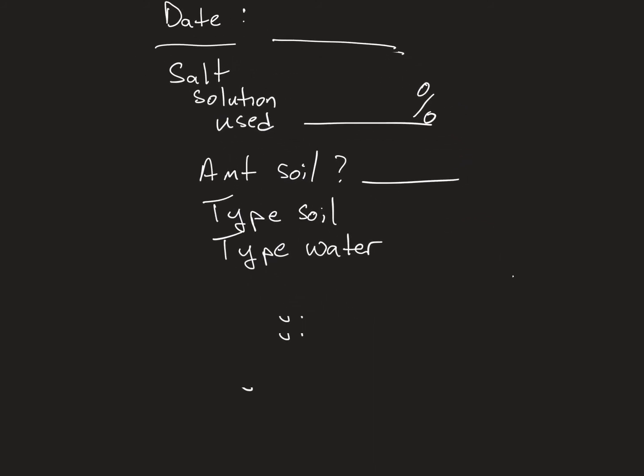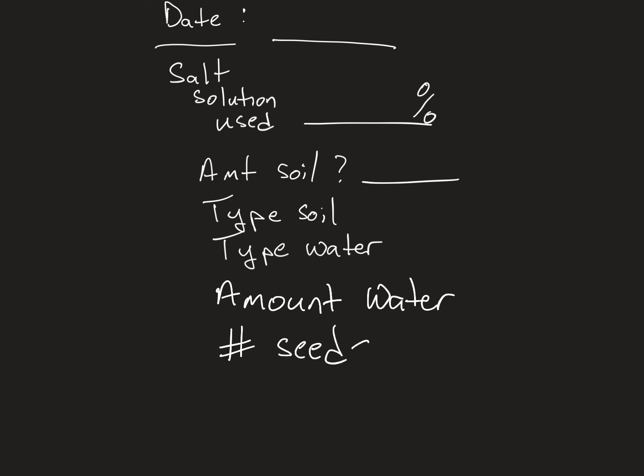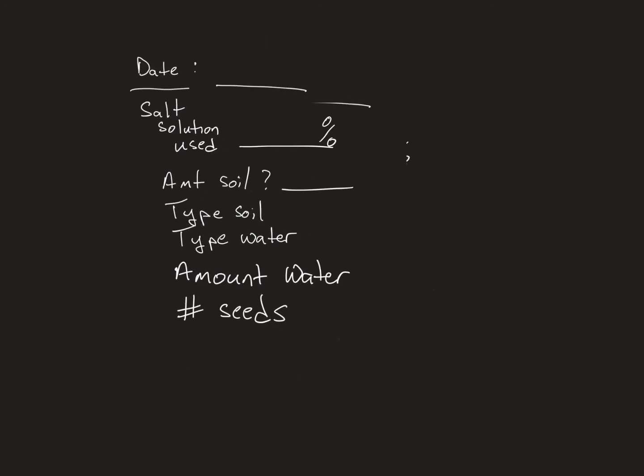And then it says the amount of water. And then it says the number of seeds. Now you're going to plant more than one seed in a container, just so you know.